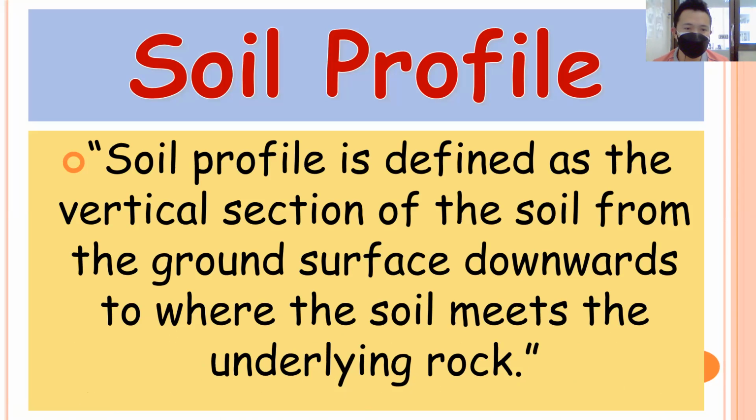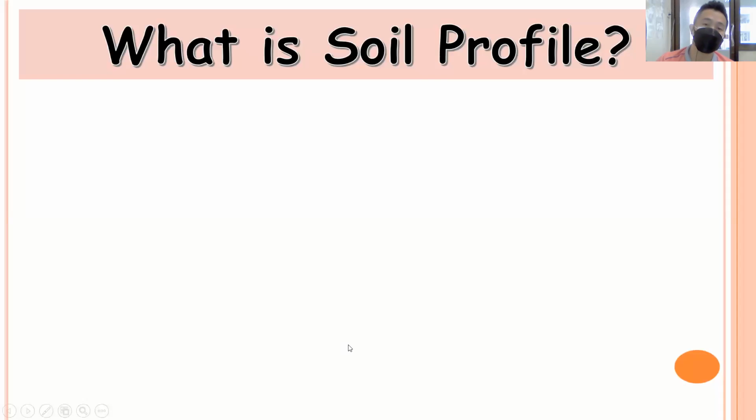So as we can see, this one is defined as vertical section from the surface downward, from the ground downward to where the soil meets the underlying rock. So that's the definition of soil profile.